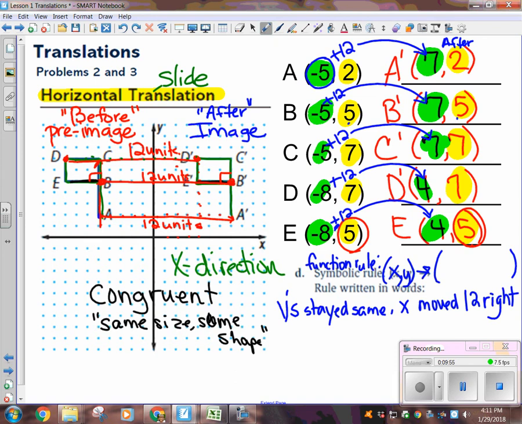Well, it says y's stayed the same. So I know my y's were listed second. So they didn't change at all. So y's will still be just a y. But it says x's moved 12 to the right. And we can interpret that as x's, the number x's, add 12, okay? Which would be x plus 12, all right? x plus 12.